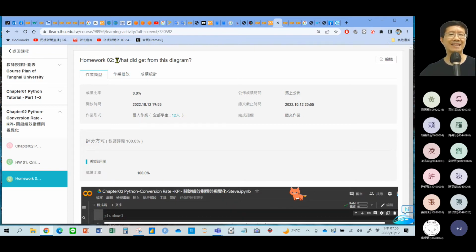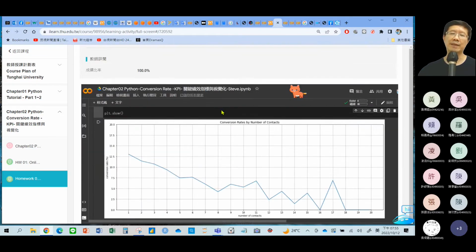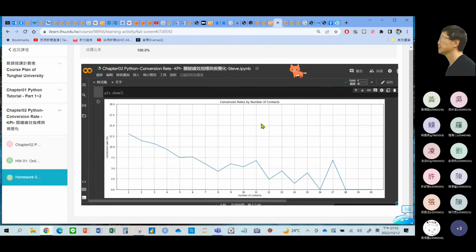What did you get from this diagram? 好，你们看到的这个代表什么意思？You may write in English or in Chinese, it doesn't matter. 你写英文的、写中文的都可以，或写中文之后再翻译成英文，that would be perfect. 从这个图形你看到了什么？That's why we have to use data visualization in our data process.